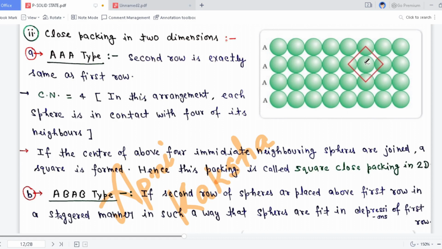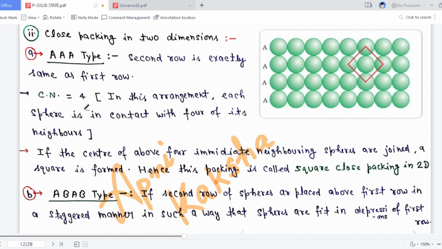Then AAA type means that this row is the same as this one, and the same as this one. So in short, there is one on top, one on the right and one on the left, on every side except for this side where there is an open space.